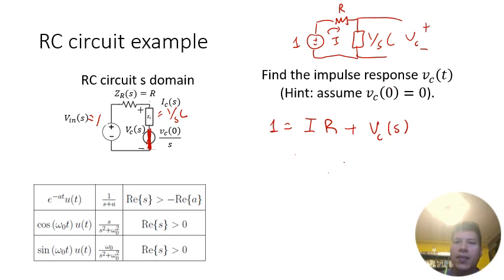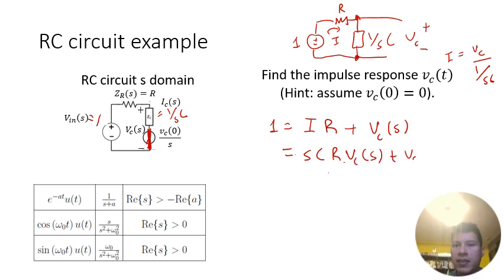Because this is the current going through here, algebraically, that means that I equals VC over 1 over SC. So I is just SC times VC. So we can write this as SCR times VC(s) plus VC(s).